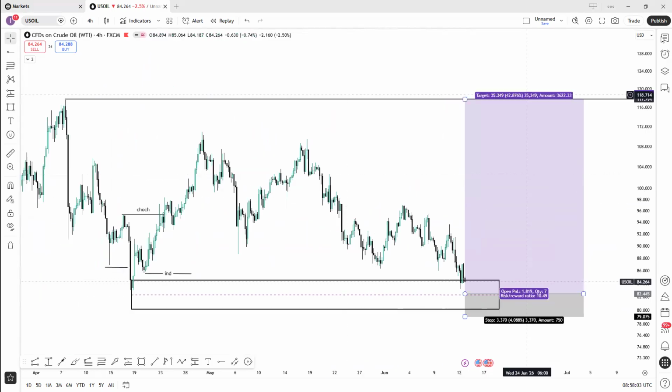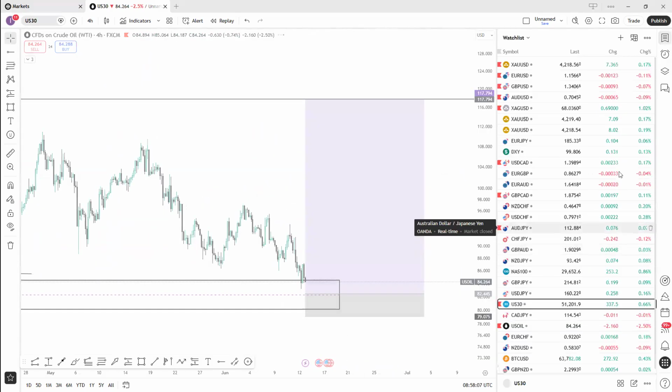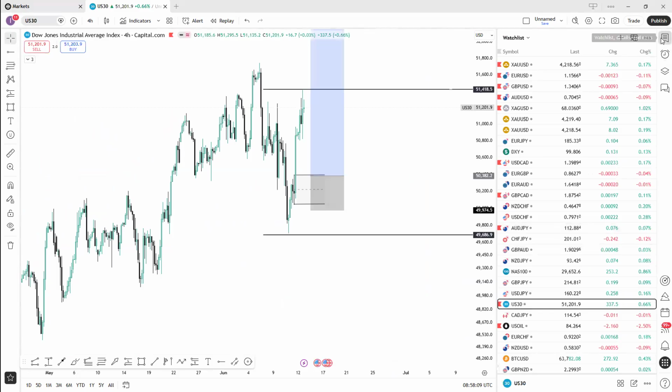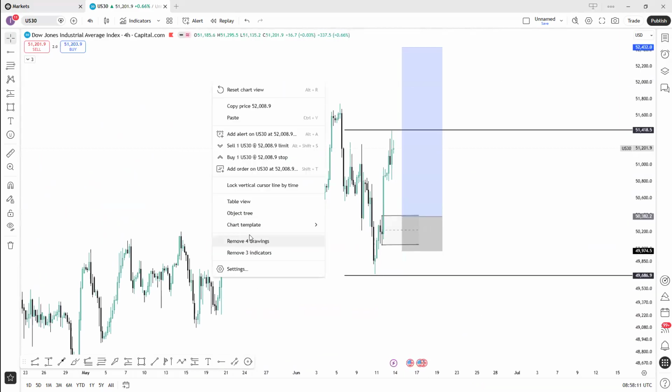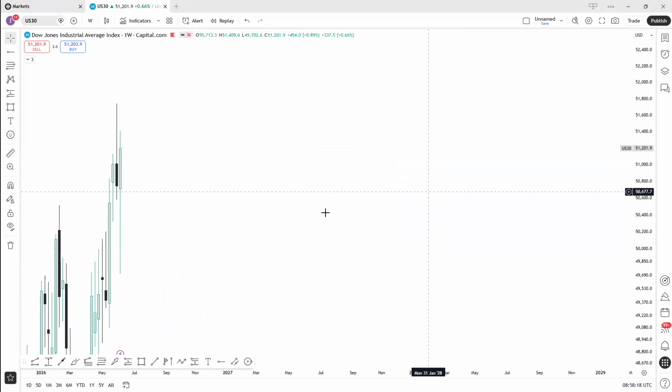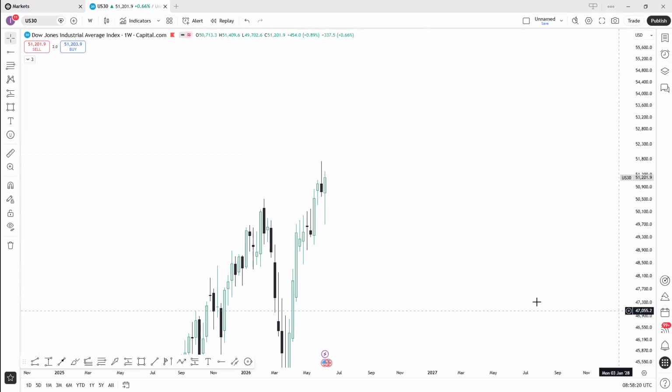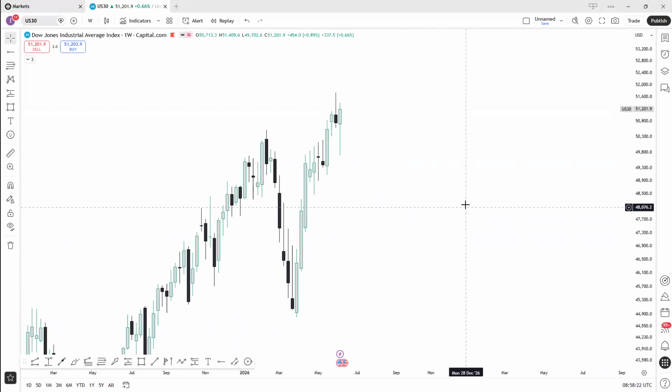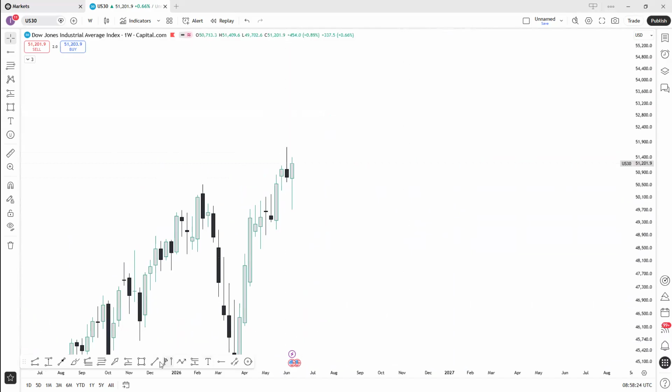Let's see another pair, US30. Dow Jones, US30. US30 at this market structure, we will start with the weekly time frame. On the weekly time frame, there is mitigation of weekly demand and break of structure. Let's start with this point.